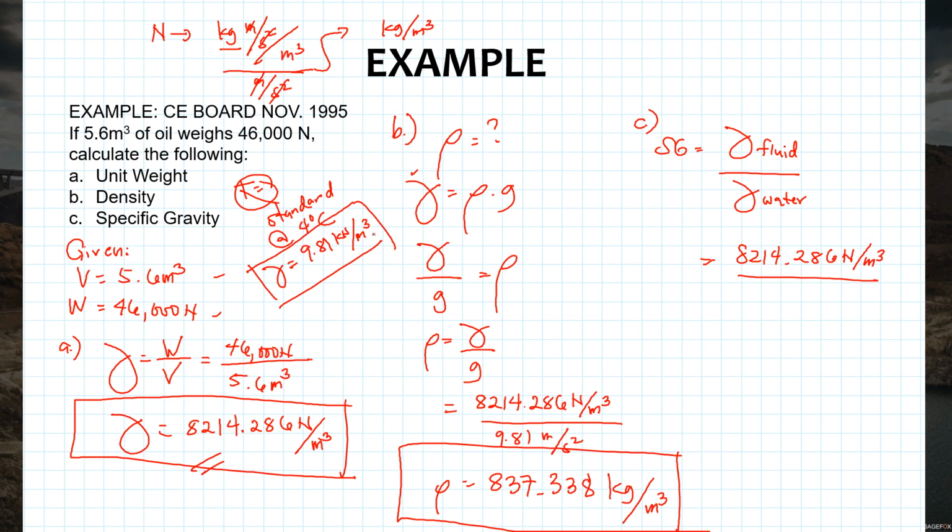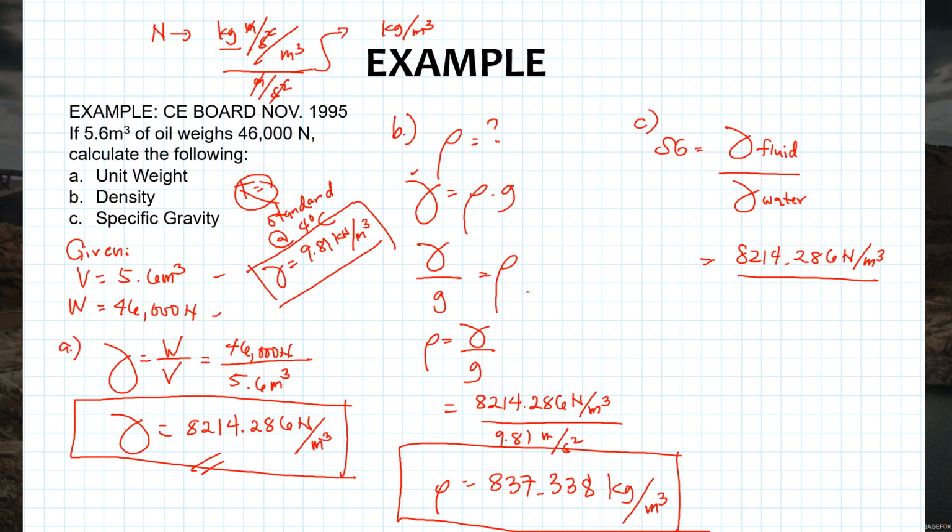So you have to memorize already that the unit weight of water should always be 9.81 if there is no specified temperature in the given. We use the standard at 4 degrees Celsius, and our unit weight for water will always be 9.81 kilonewtons per cubic meter.